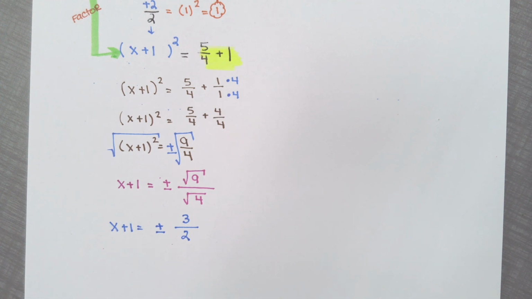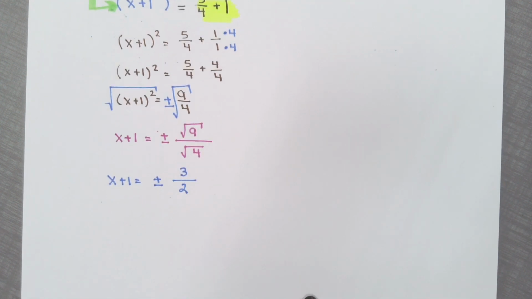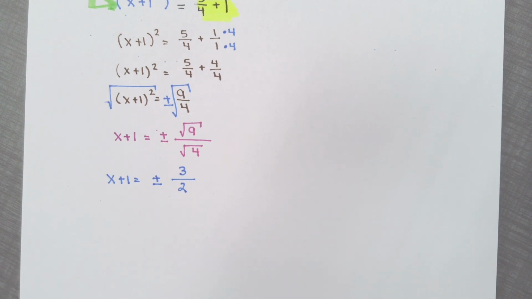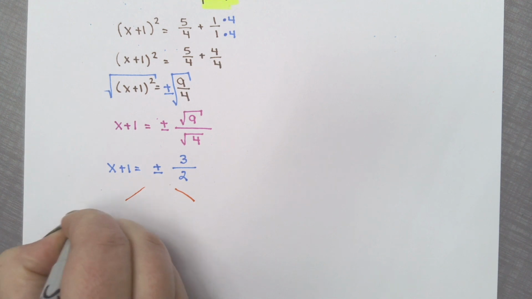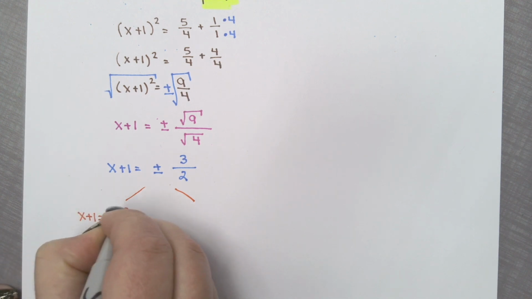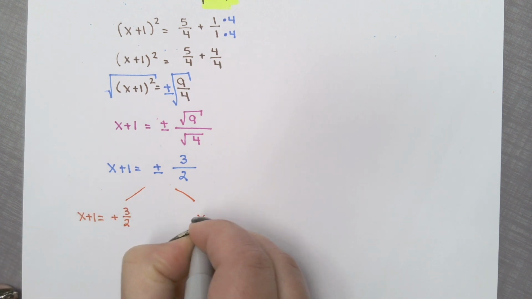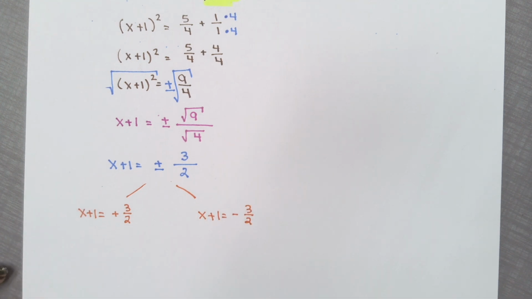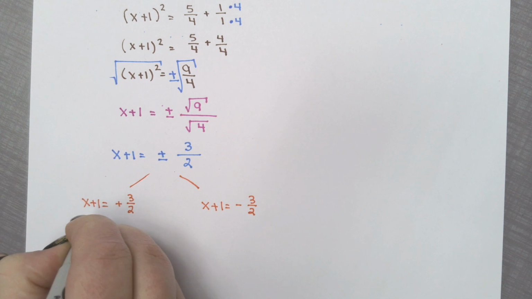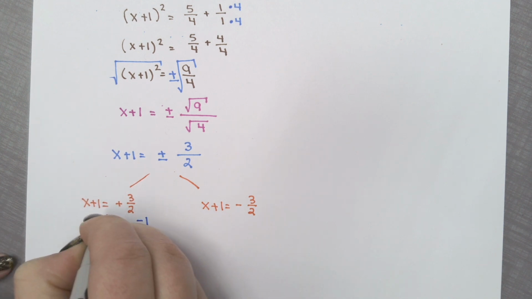And so once again, this is a fraction. That's okay. We still have a number. It's not a radical. So we split it up into 2. We get x plus 1 is equal to a positive 3/2, and x plus 1 is equal to a negative 3/2. We're going to subtract 1, subtract 1.